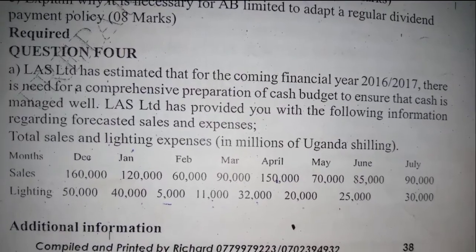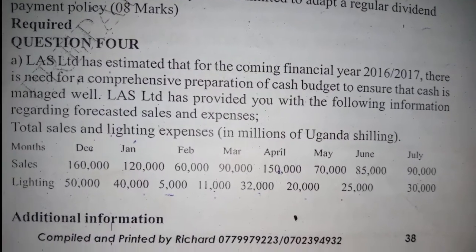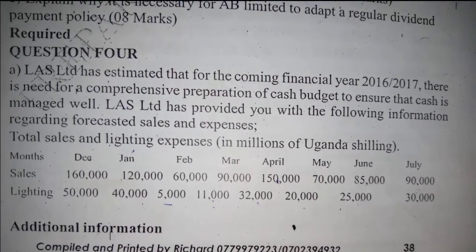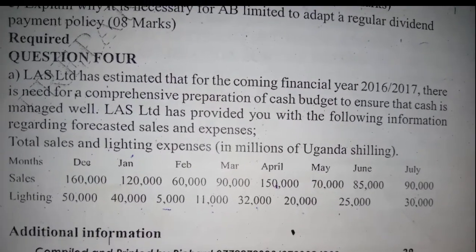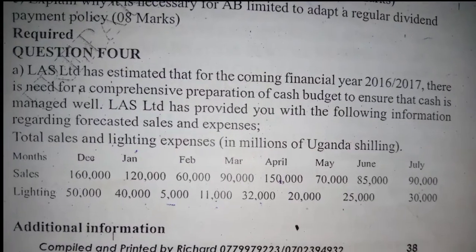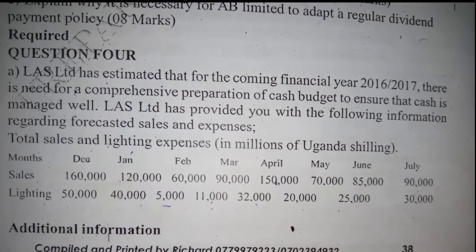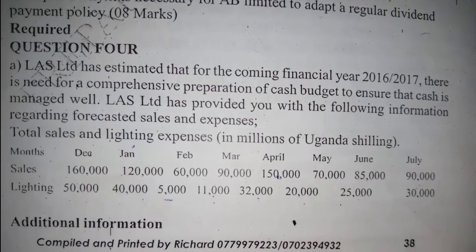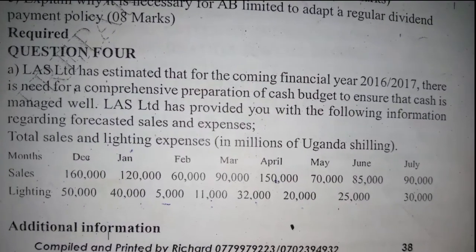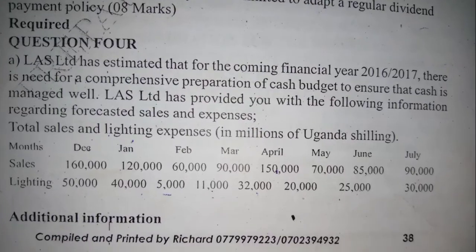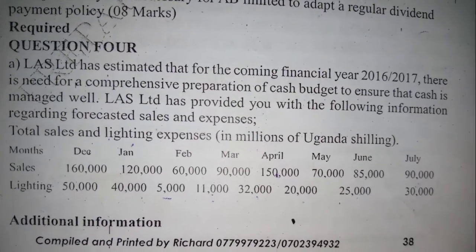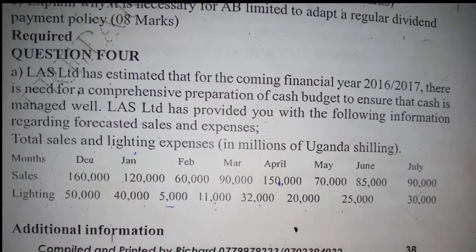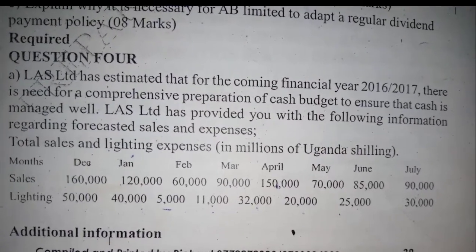So we have total sales and lighting expenses in millions of Uganda shillings. We have 8 months: December, January, February, March, April, June, and July. Then we have the row of sales from December to July and lighting expenses from December to July.